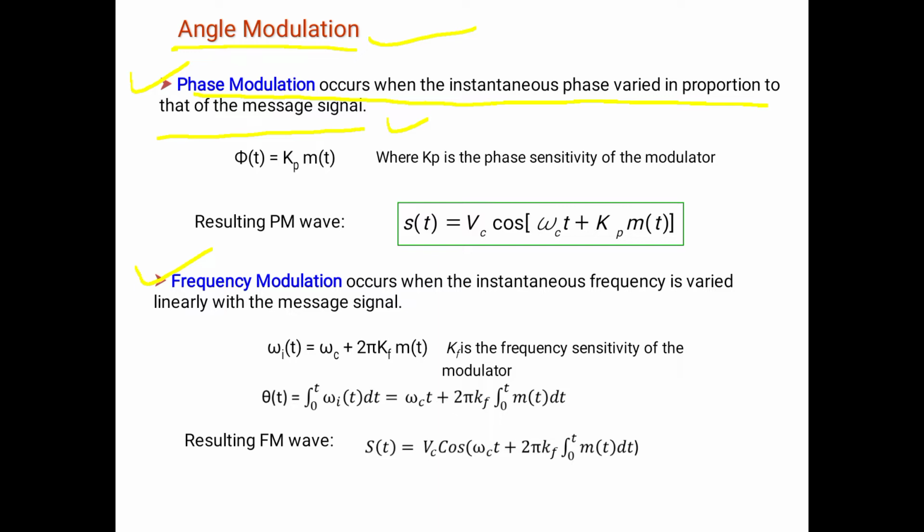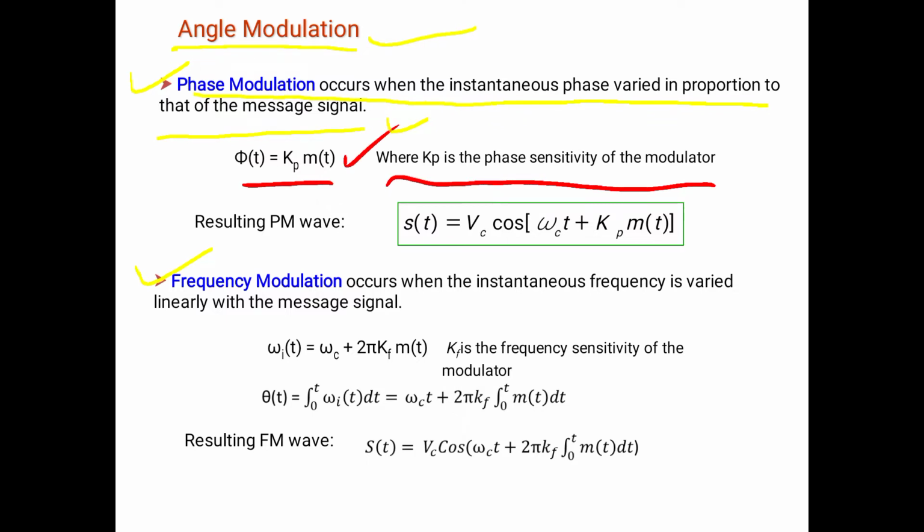That is phi of t. Phi of t is nothing but the instantaneous phase value, equal to kp into m of t, where kp is the phase sensitivity of the modulator and m of t is the message signal.